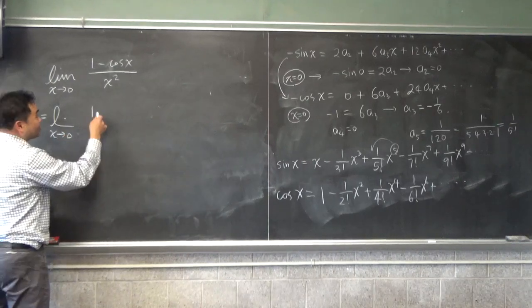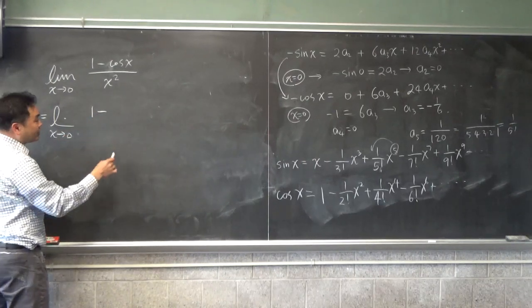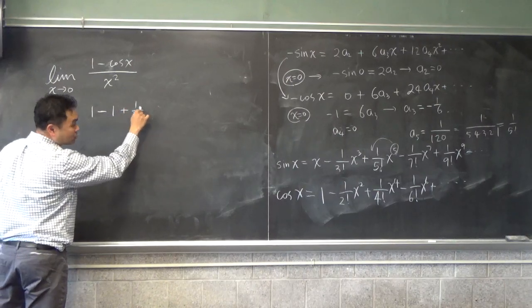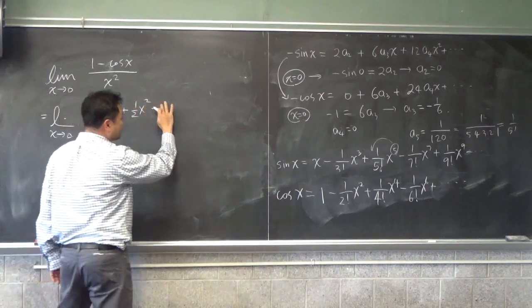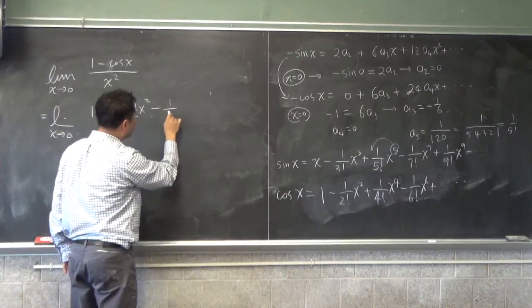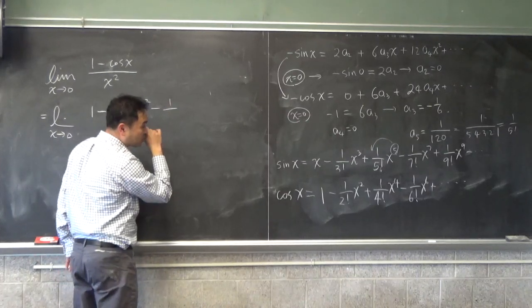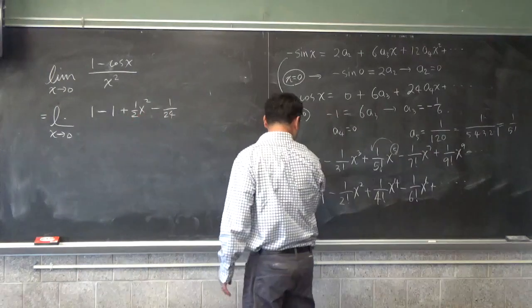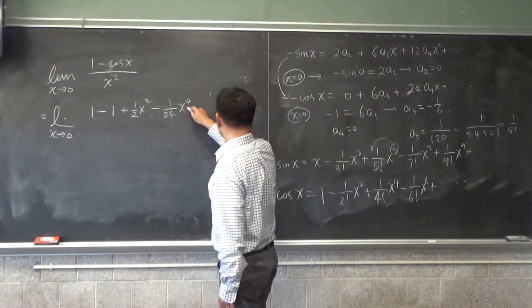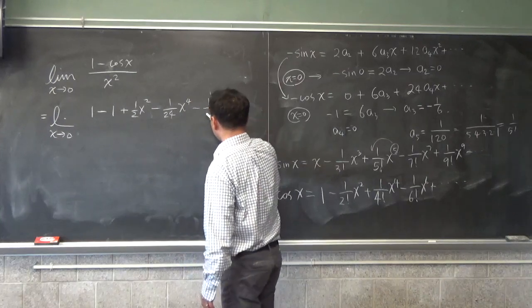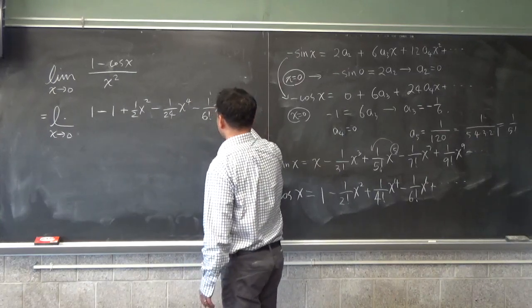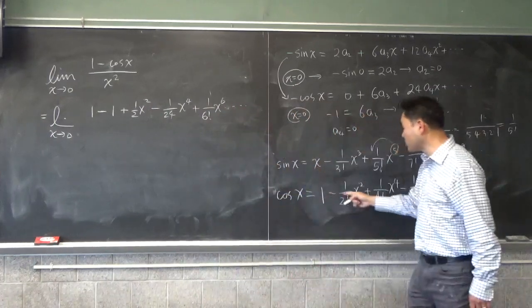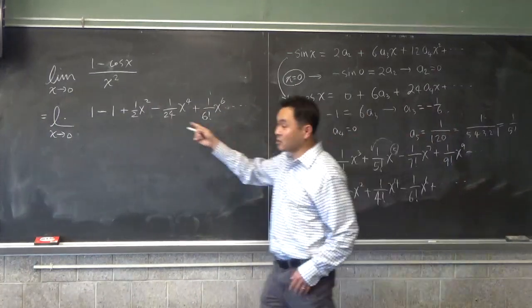Just replace cosine x as 1 minus 1 over 2 x squared plus 1 over 4 factorial, which is 24, x to the 4th. Because we're subtracting, all the signs are now negated.